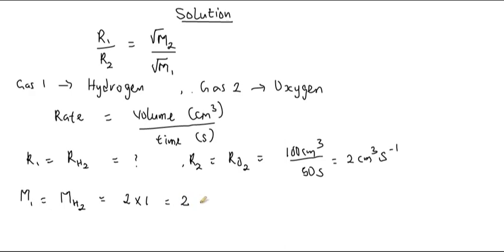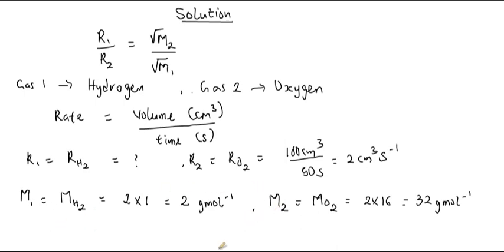So we have the molecular mass of hydrogen gas to be 2 grams per mole. And for the second gas, M2, which is the same thing as MO2, the molecular mass of oxygen gas: for oxygen as well, we have 2 atoms present, so that's 2 times the atomic mass of oxygen, which is 16. So this gives us 32, so we have 32 grams per mole.